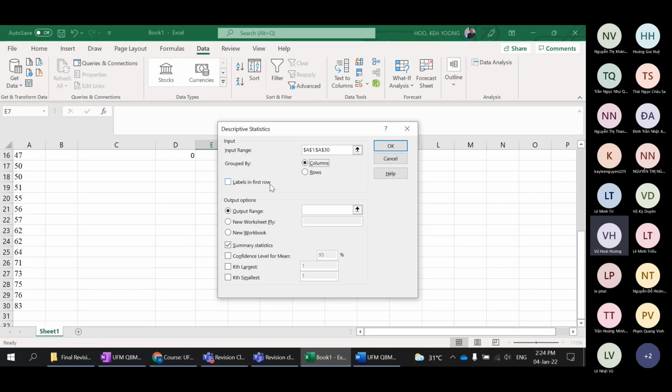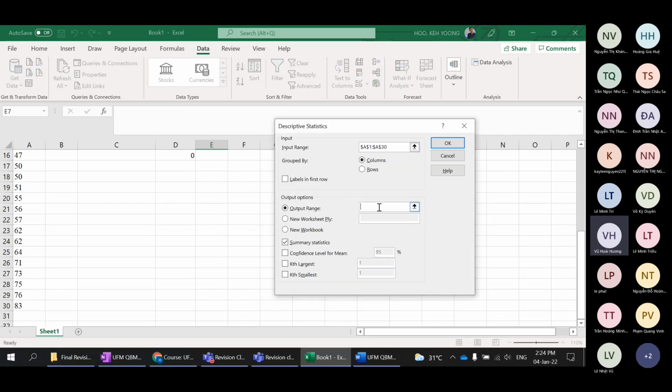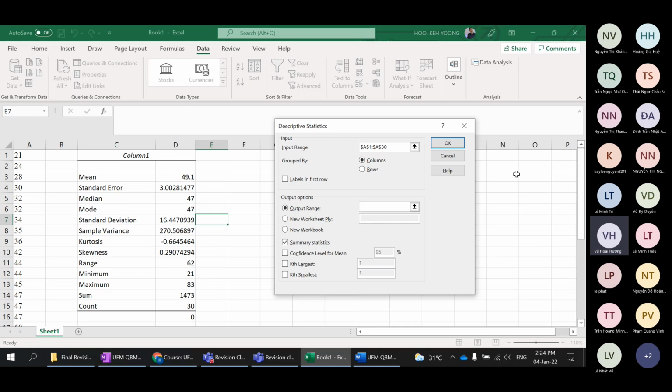Labels in the first row, don't tick it. For output range, you could select any cell to display the outputs. Let's say this time I choose F1. Then tick the summary statistics. Only the first box will do. And click OK.